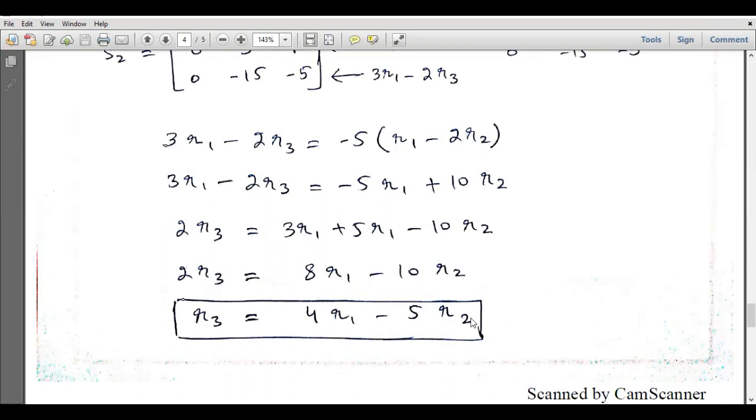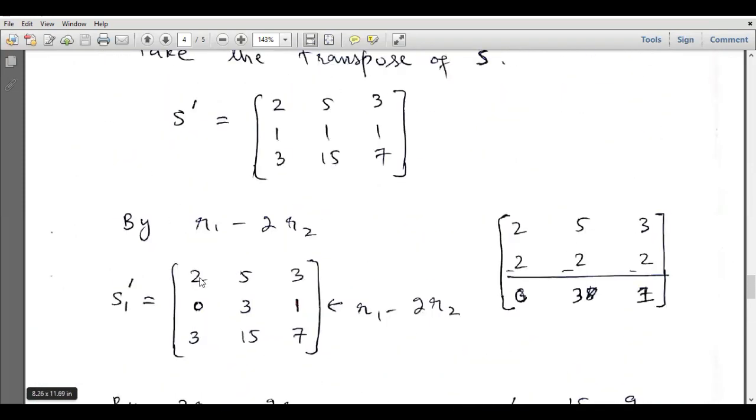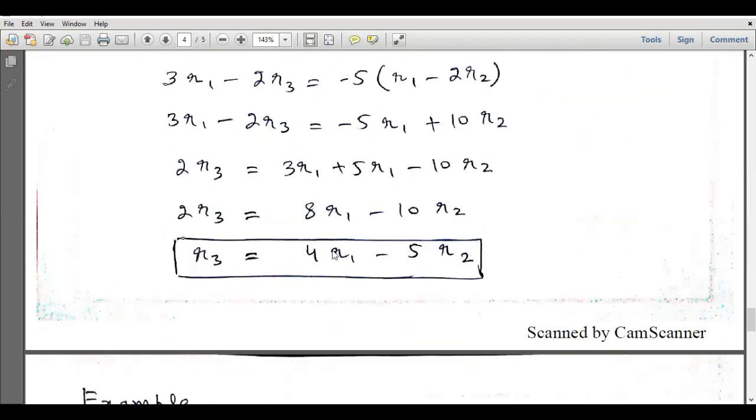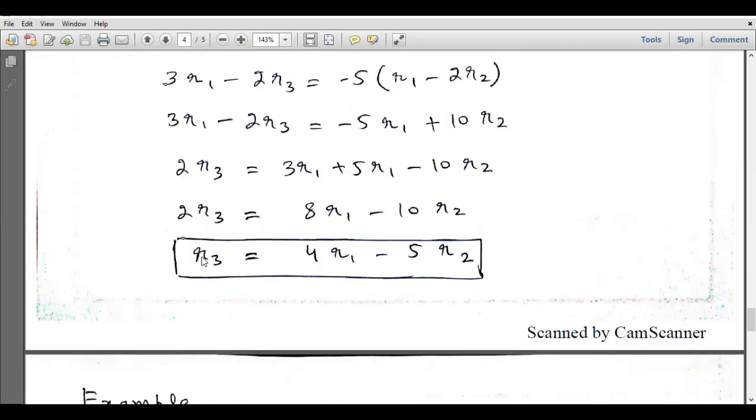So these are actually the rows, but initially we took the transpose of the S matrix. That's why we have achieved this relationship between the rows. But if we take the transpose of this matrix back, then these rows will be equal to the columns.